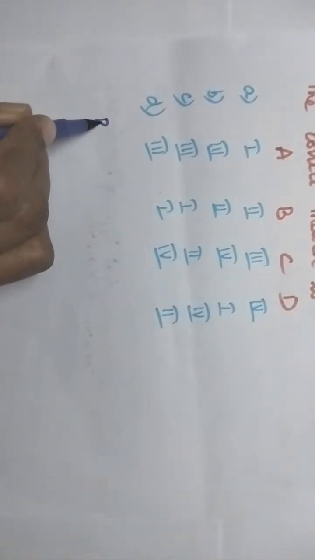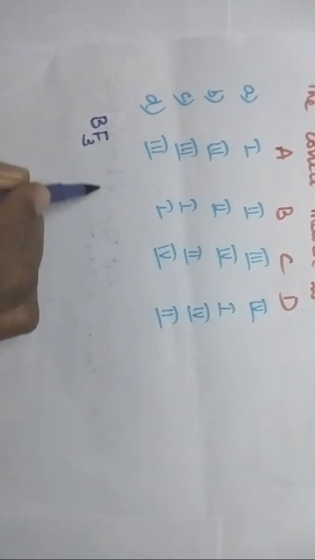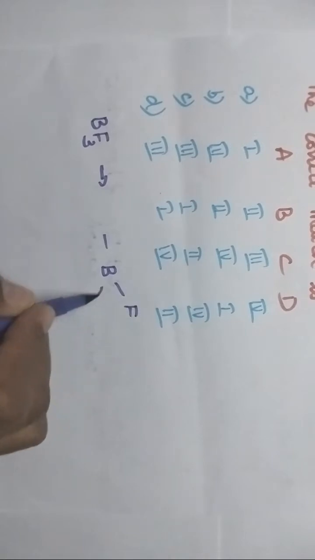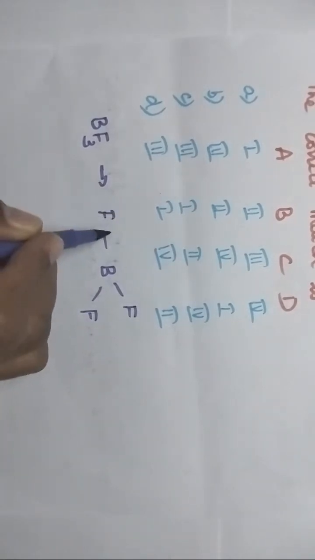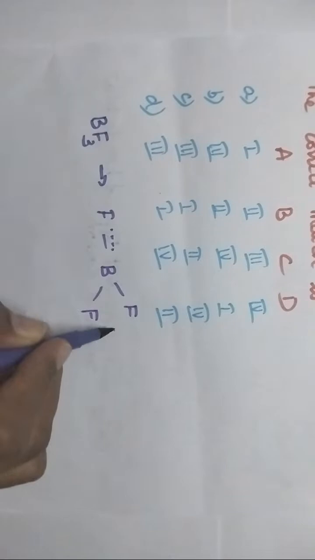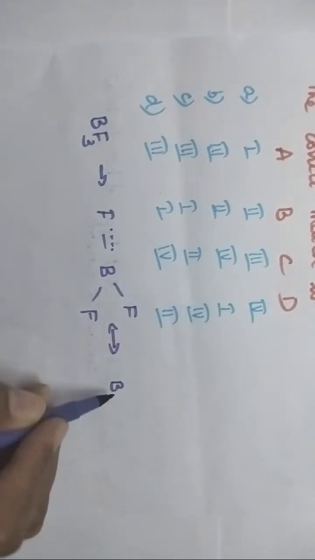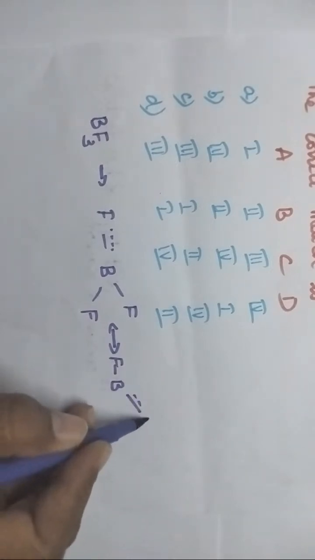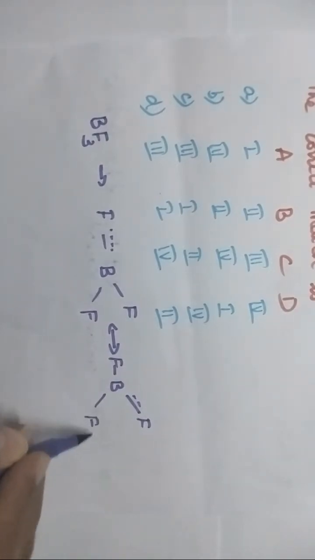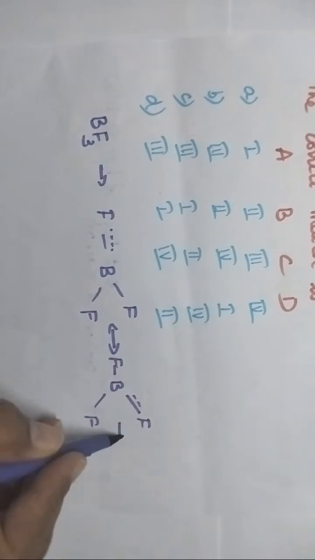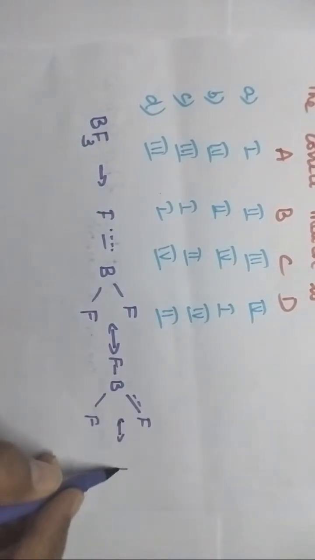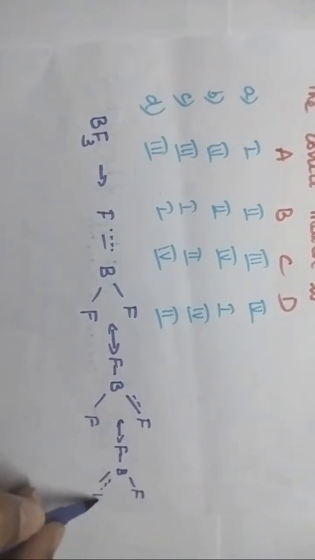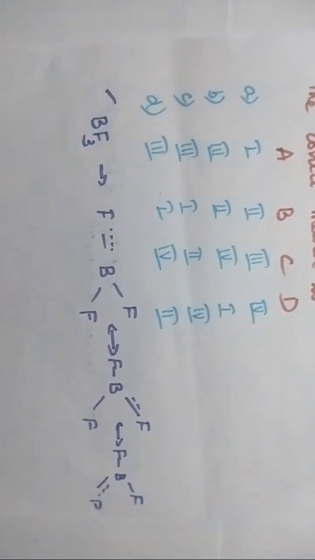When you consider BF3, its structure is BF3, and here back bonding is possible. So here 3 fluorine atoms are present. So the back bonding varies from one atom to the other atom. This is the structure of BF3.